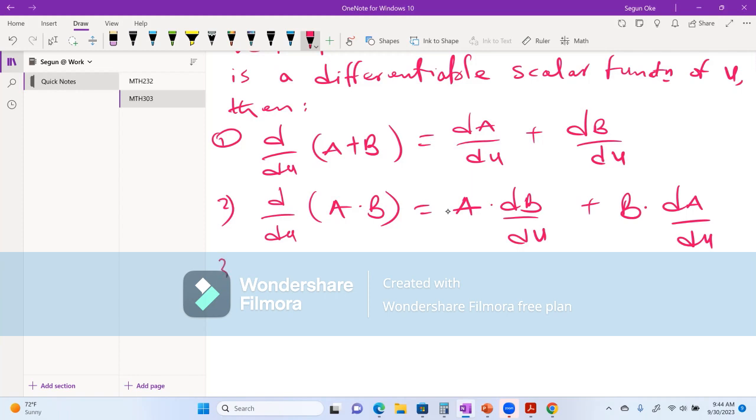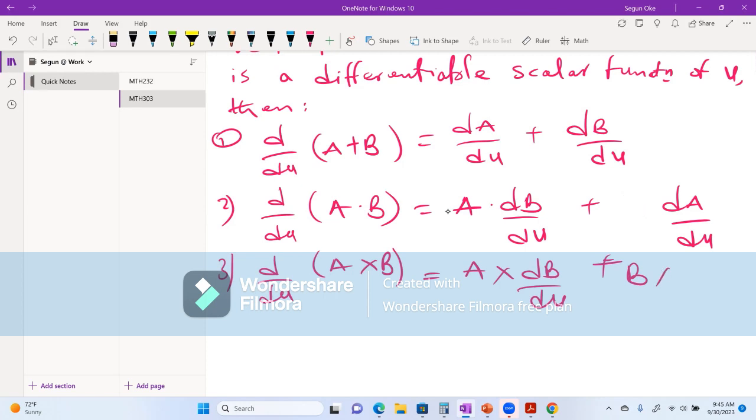But number three, let's look at the cross product. A cross B is more or less the same thing: A cross dB/du plus dA/du cross B. Don't forget, the position also matters in some cases.